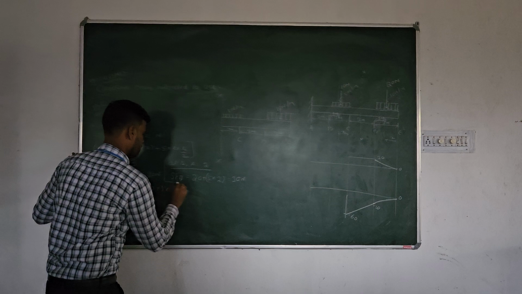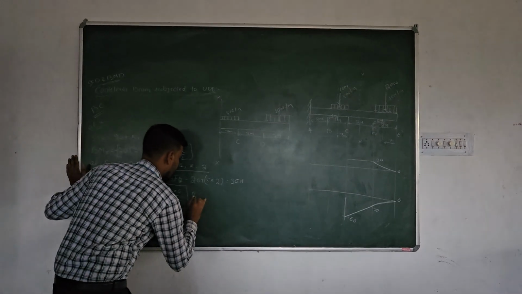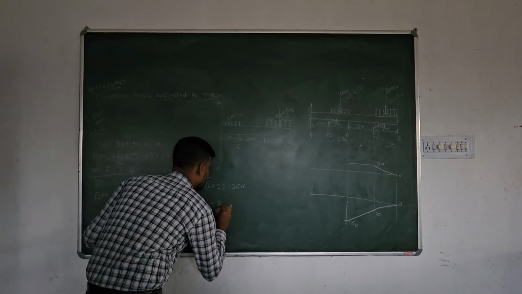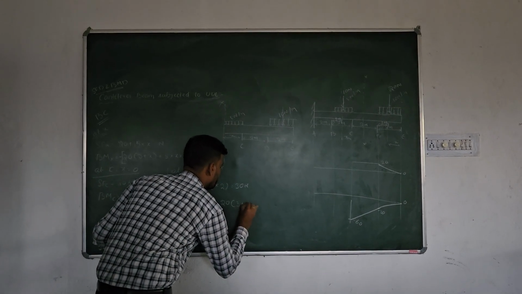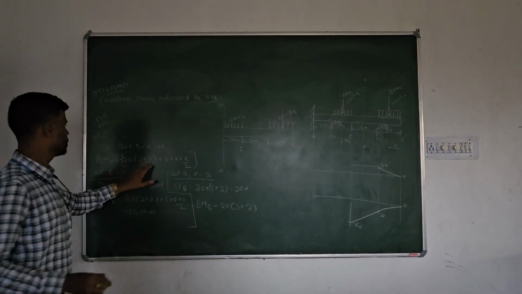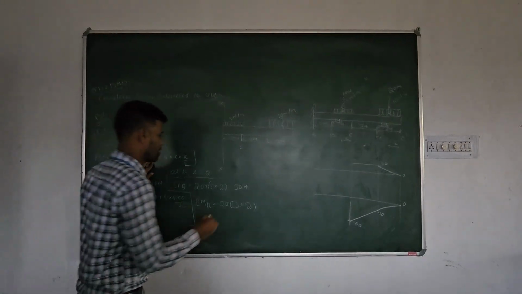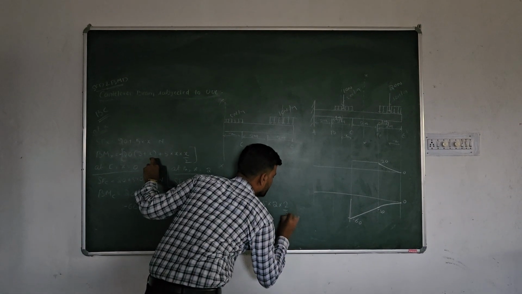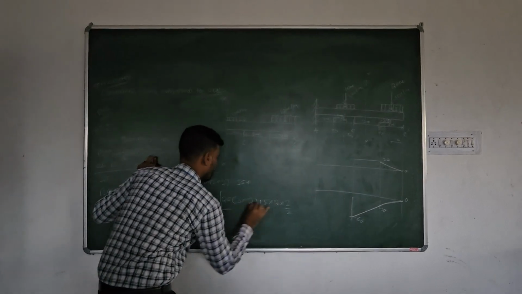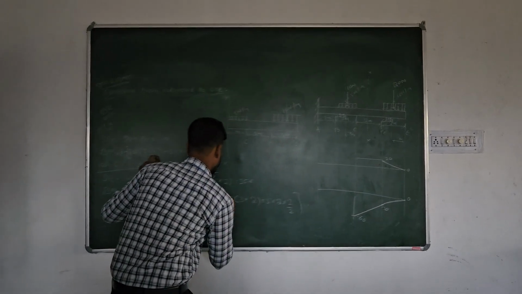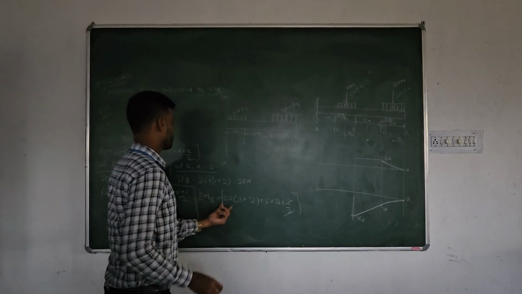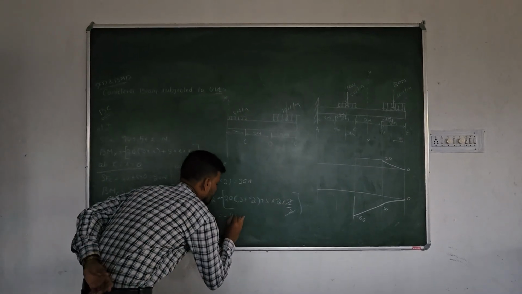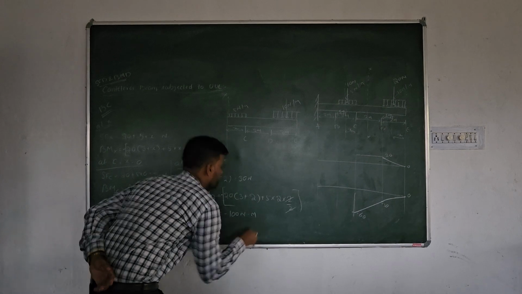Similarly, for B, bending moment at B is equal to 20 into 3 plus x is 2 plus 5 into 2 into 2 by 2. Whole is minus. So this 2 gets cancelled. So this will be 20 into 5 plus 10. This is minus 100 Newton meter.